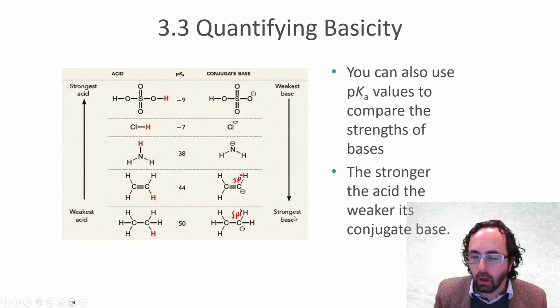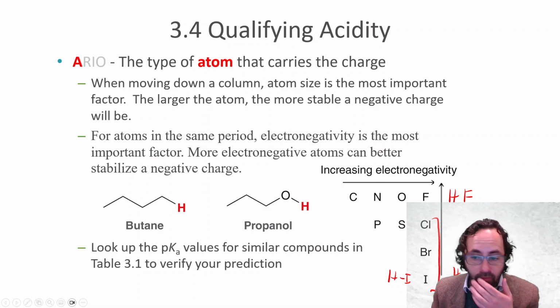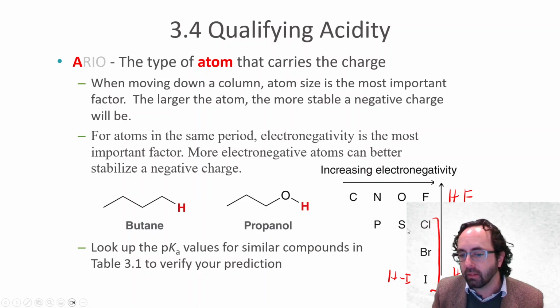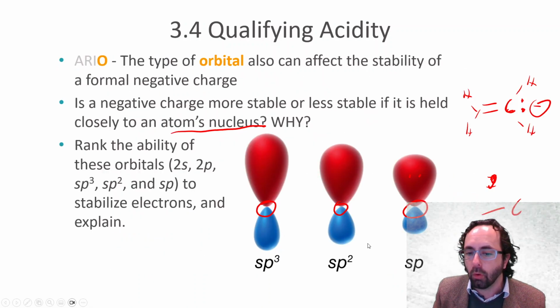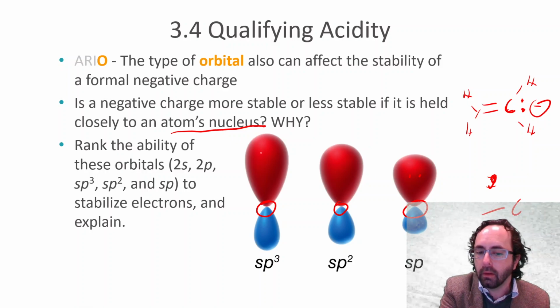So when it comes to atom size, let me clarify what I said too. When it comes to atom size, the larger atoms will spread out that negative charge a little better, which stabilizes the negative charge. But when it comes to orbitals, what's more important is the proximity of the electrons to the nucleus. Those that are close to the nucleus will be held more tightly, thus stabilizing the negative charge better than those in an sp3 orbital, for example, where the electrons are way out here.